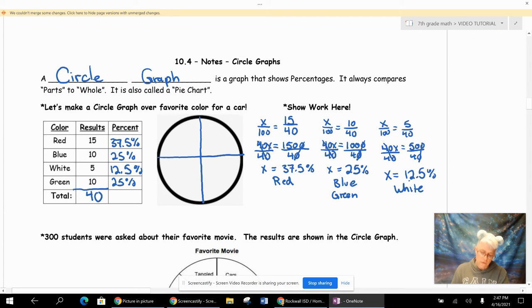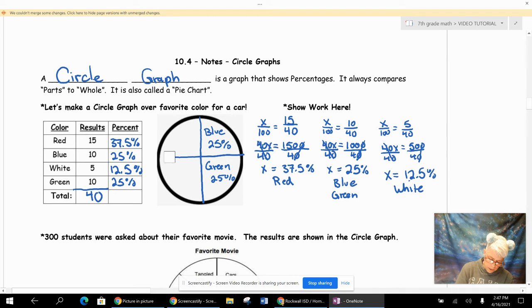Well, we have two different colors that are 25%. The blue was 25%, and the green was 25%. Now, the other two are not 25%. One's a little bit more and one's a little bit less.